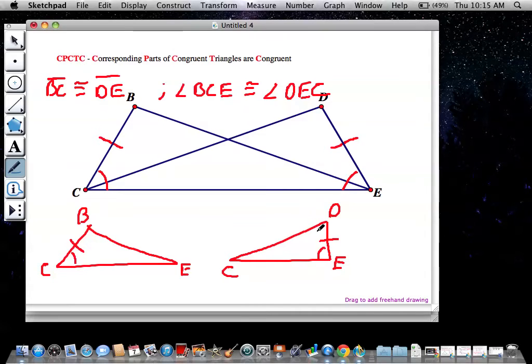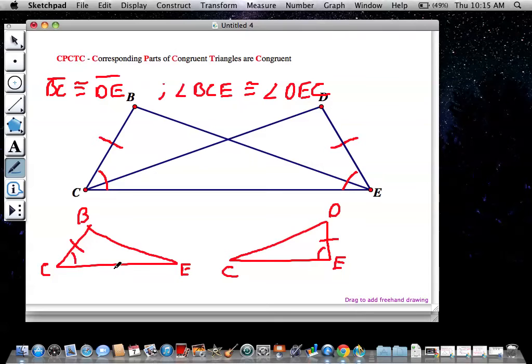Now, using all those new theorems that we have, side, side, side, side, angle, side, angle, side, angle, and hypotenuse, leg, I look to see whether these two triangles are congruent.